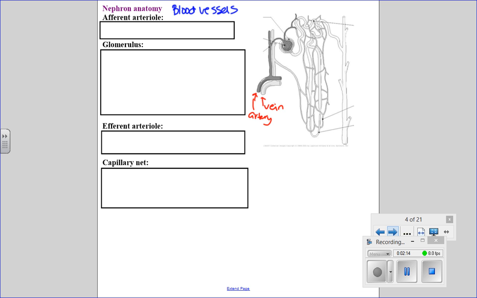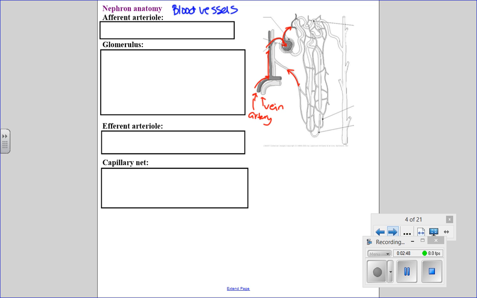The other vessel is the vein, and I know that because it's coming down from the bottom here. And so the direction of blood flow on this picture would be like this. So blood is flowing in through the artery. It's going to flow all the way around, and it's going to come out through the vein.